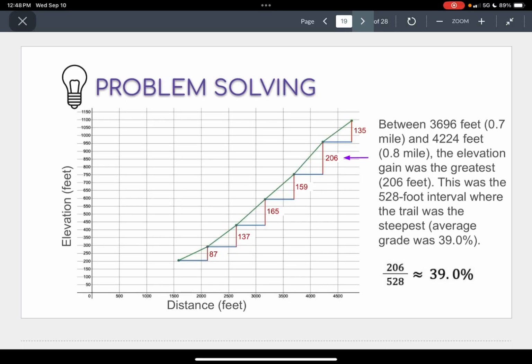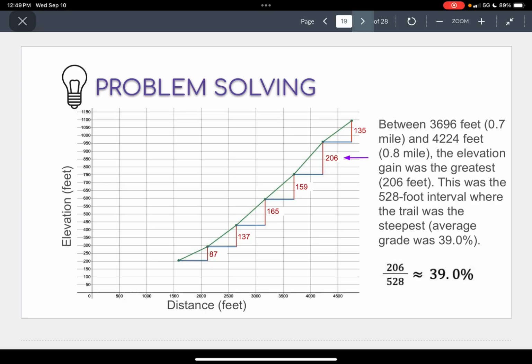So I've graphed my data. I've got the distance in feet horizontally, and I've got my elevation in feet vertically. And I plotted those points and drew line segments connecting each of those points. We can see that the horizontal change is consistent. It's constant, 528 feet each time. And then we've got the corresponding vertical changes.